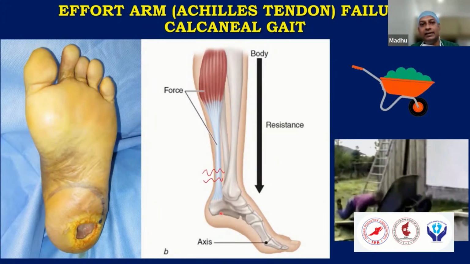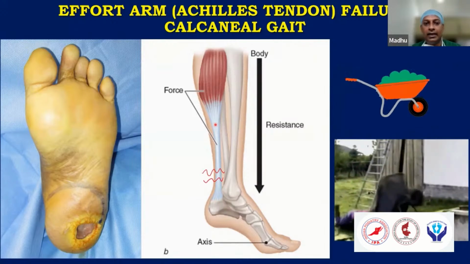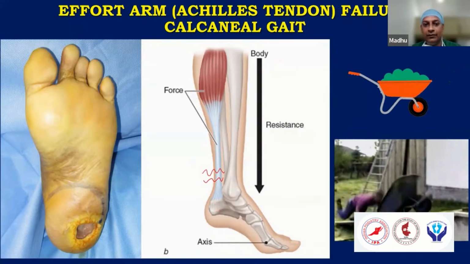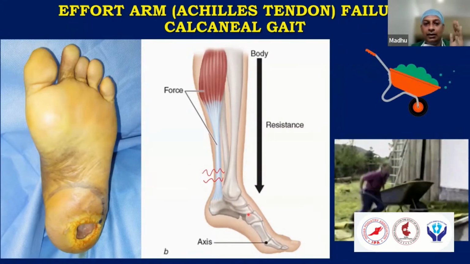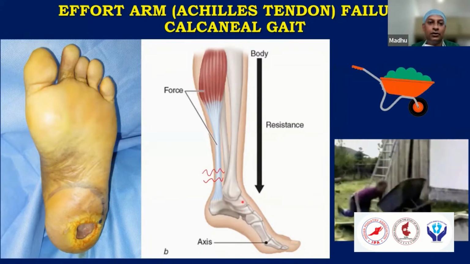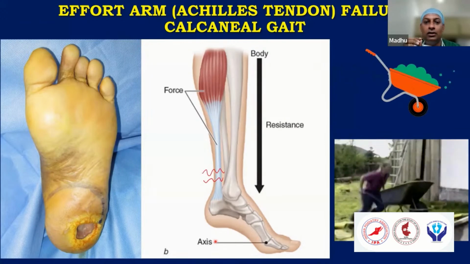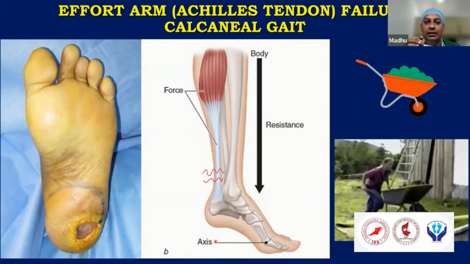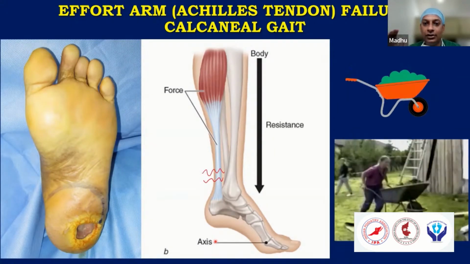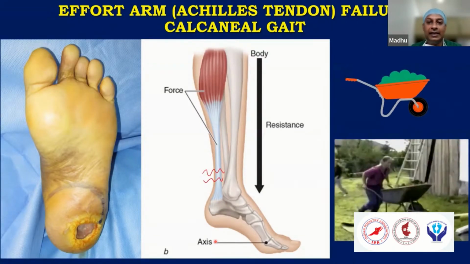So anything that disrupts the continuity of the gastrocnemius, soleus, Achilles tendon, calcaneum, midfoot, anything that disrupts this mechanism will result in the foot collapsing backwards, resulting in what we call a calcaneal gait. In other words, a prolonged contact of the heel during the entire duration of the stance phase.